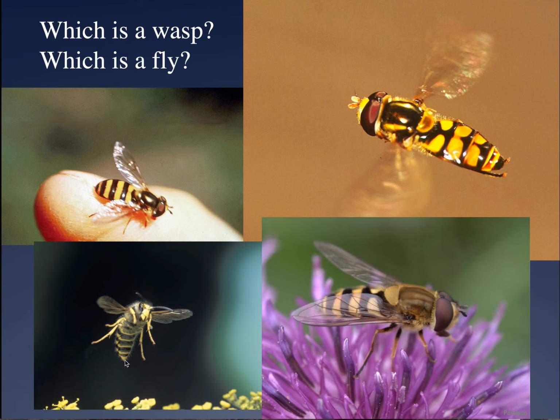Smaller eyes, pointed abdomen. Big eyes, 2 wings. Big eyes, 2 wings. Really big eyes, 2 wings. These 3 are flies. And they have the yellow and black pattern that is characteristic of stinging insects. And yet they're not stinging. So these are all mimics.